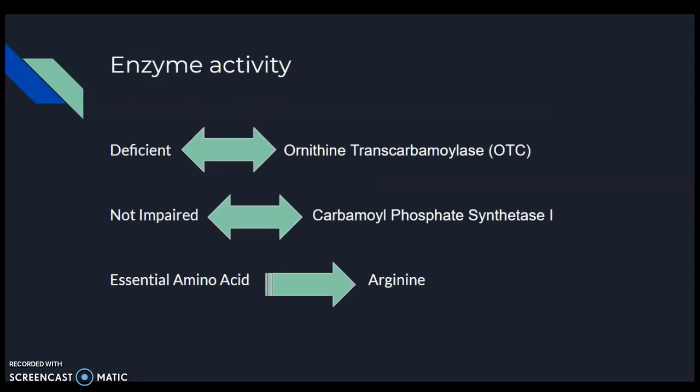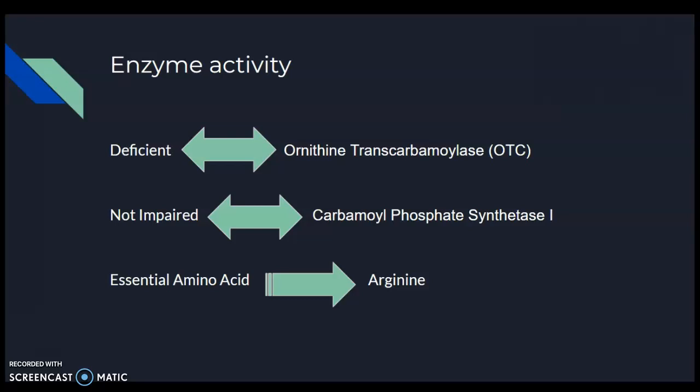In the next part of this case study, we're asked which enzyme is most likely to be deficient when uric acid levels are elevated, and I said the most likely one that's deficient is ornithine transcarbamylase, OTC.